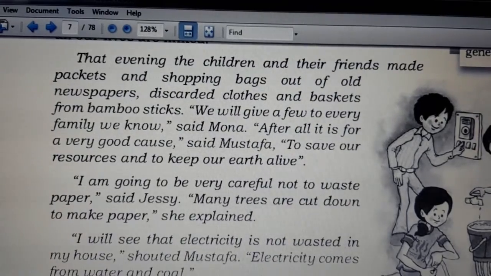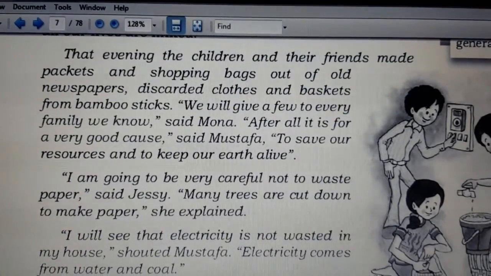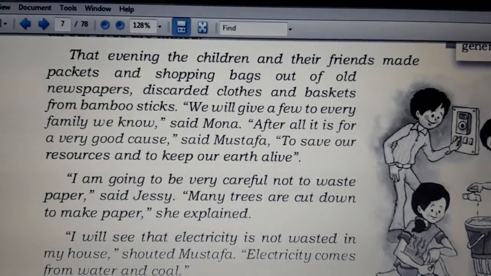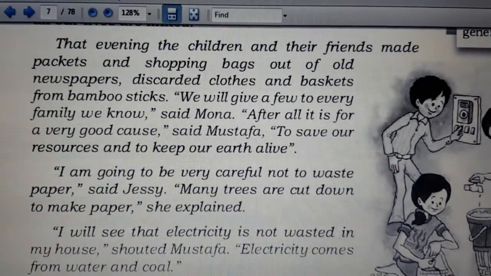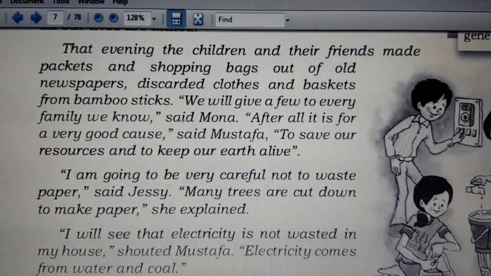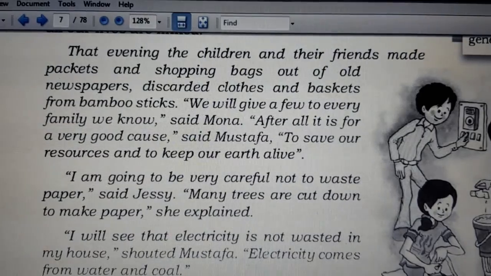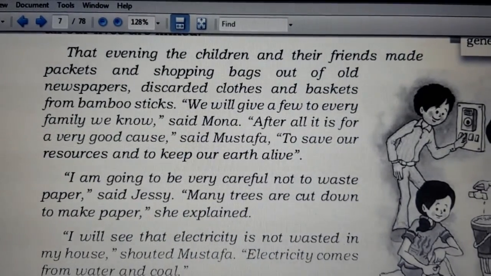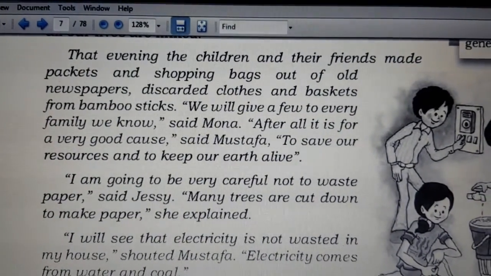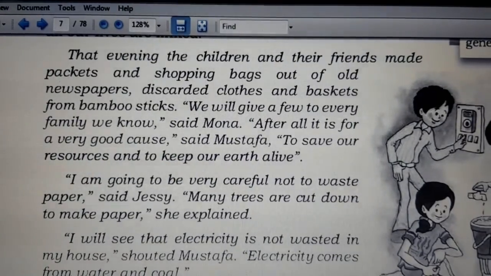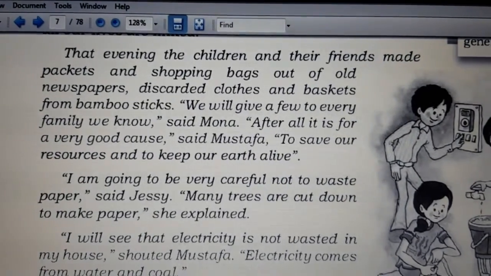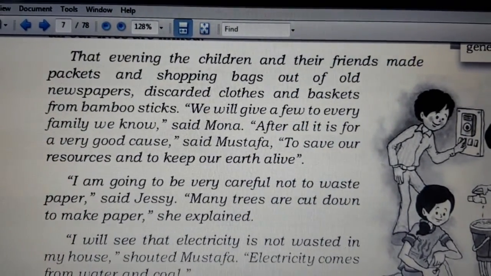"We will give a few to every family we know," said Mona. "After all, it is a very good cause," said Mustafa, "to save our resources and to keep our earth alive." If we save our resources, the earth is kept alive for a longer and longer period of time.